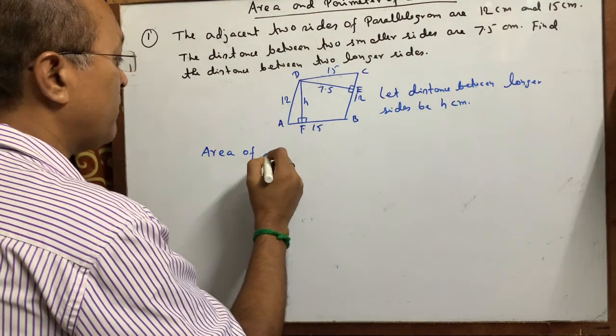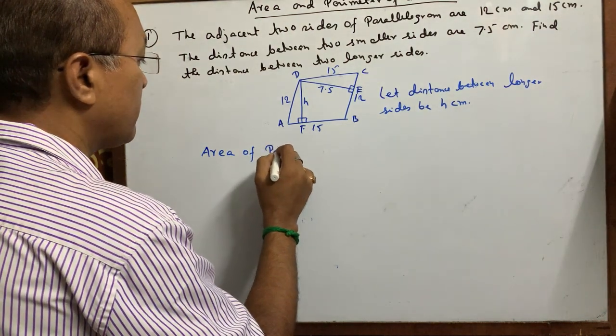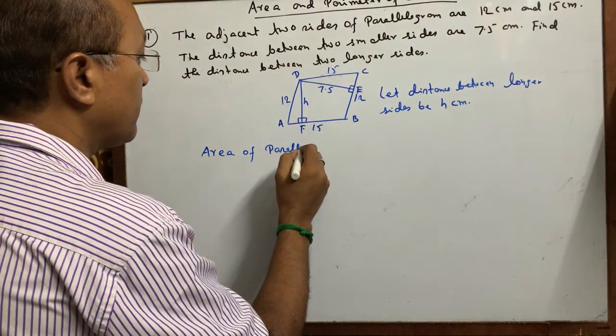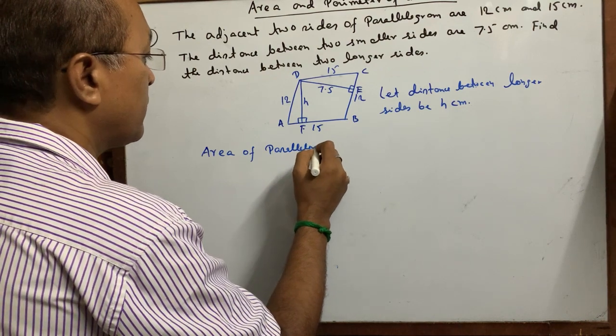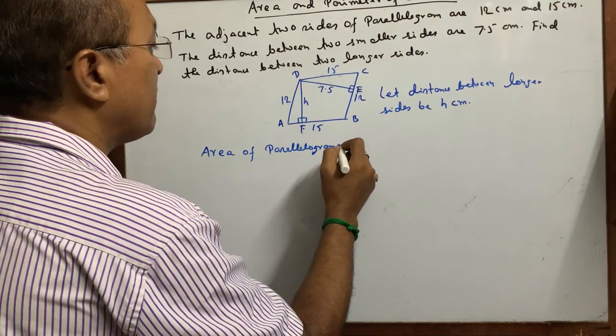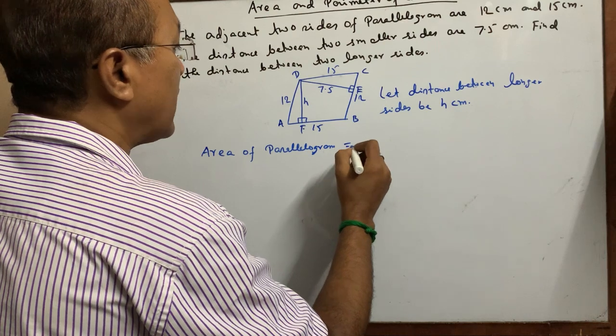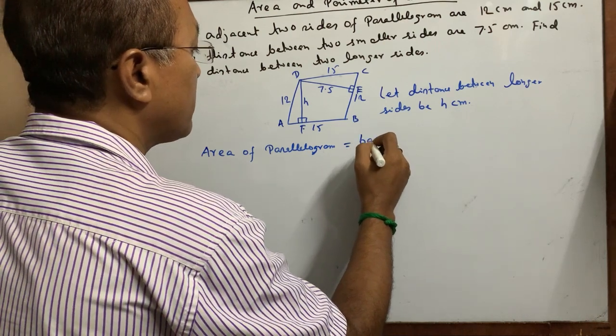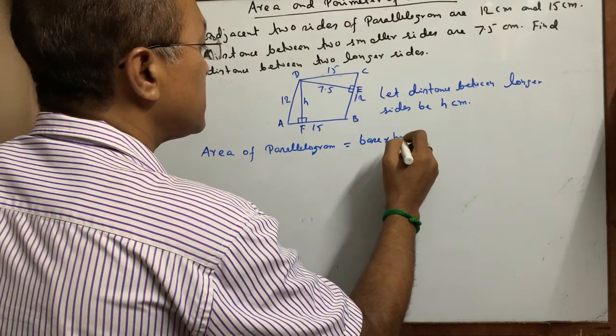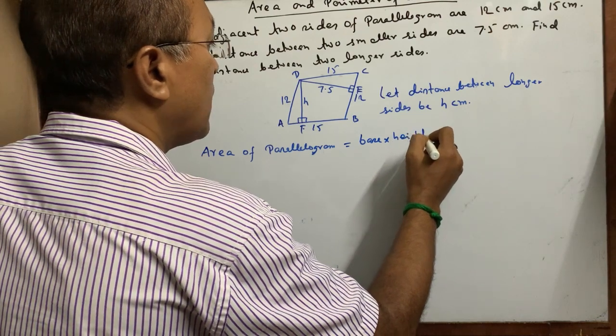Area of parallelogram is equal to base into height.